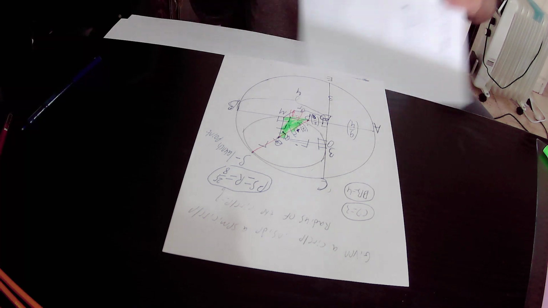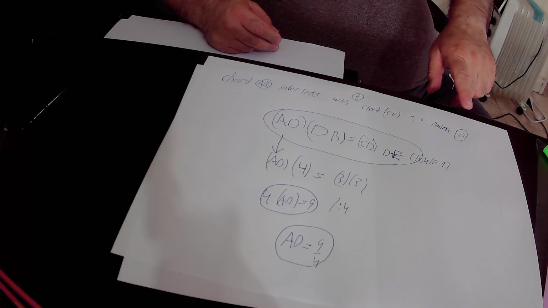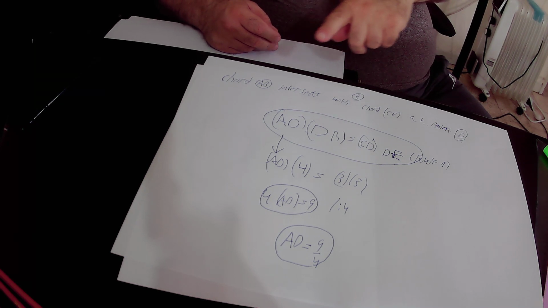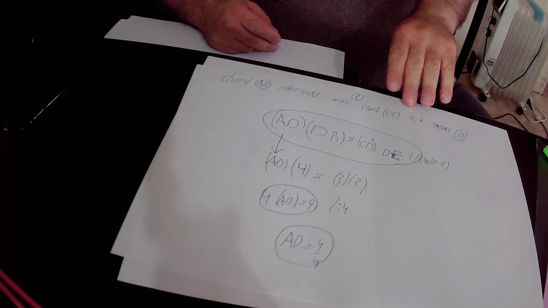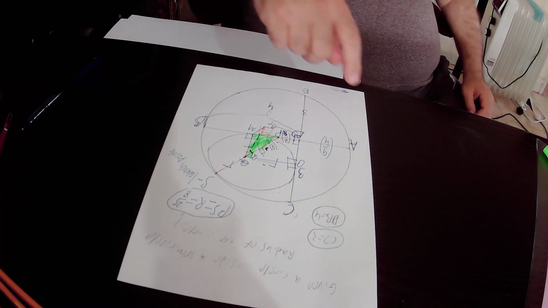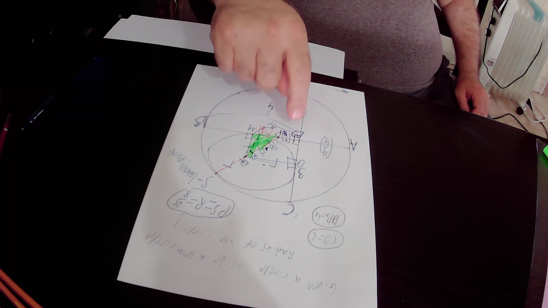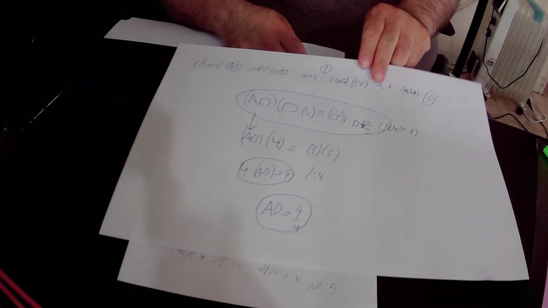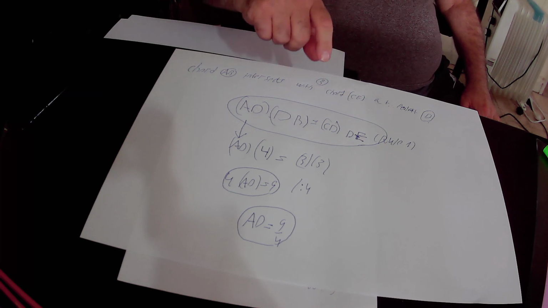I repeat again: chord AB intersects with chord CE at point D. Therefore, according to rule number 1, we get that AD times DB equals CD times DE. According to rule number 1, AD times DB equals CD times DE.